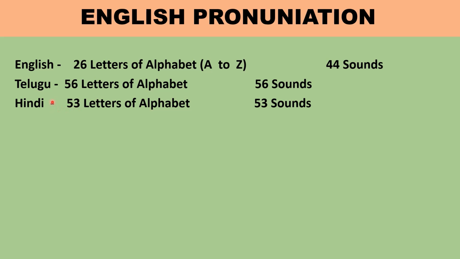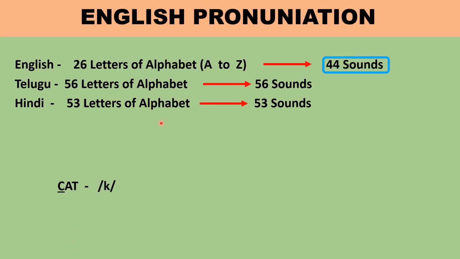Whereas if you take Telugu, there are 56 letters of the alphabet, but they give 56 sounds only. And in Hindi, there are 53 letters which give rise to 53 sounds only. Only in English, this kind of mismatch is found, students. 26 letters give rise to 44 sounds.